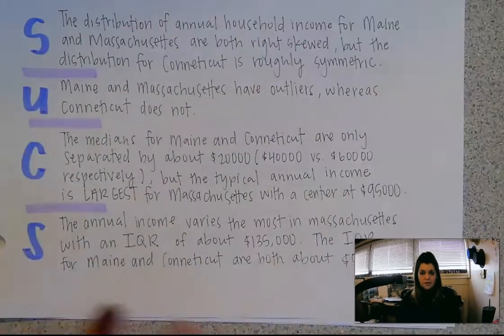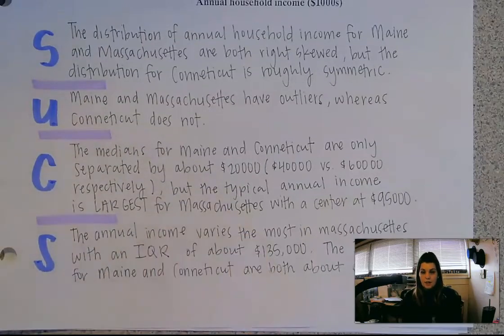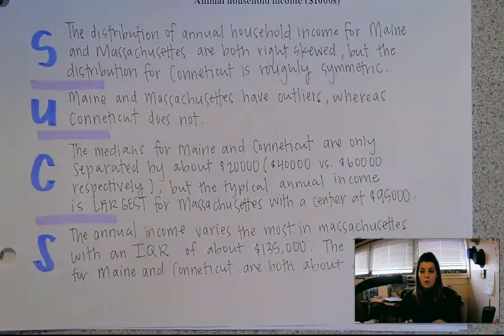So that being said, that ties to these comparing distributions problems. Now, the most important part of these is that you touch on every element that is important. So you want to use your SUCS acronym. You want to try to mention shape, unusual points, center, spread. You want to use comparing words. So you need to say greater than, less than, the same as.